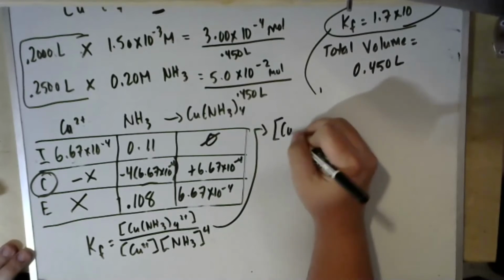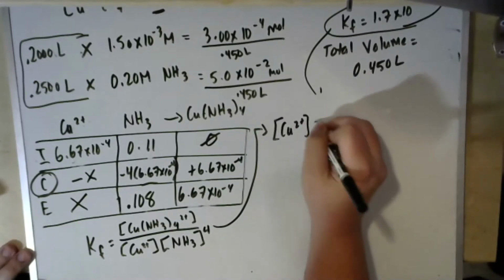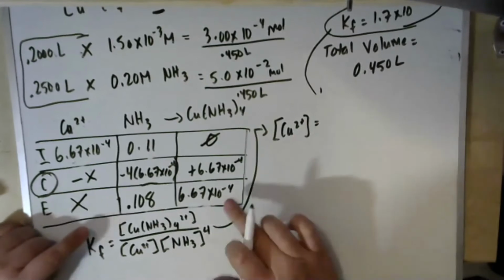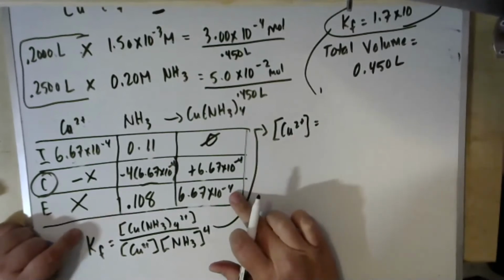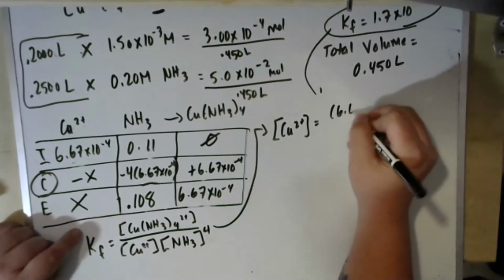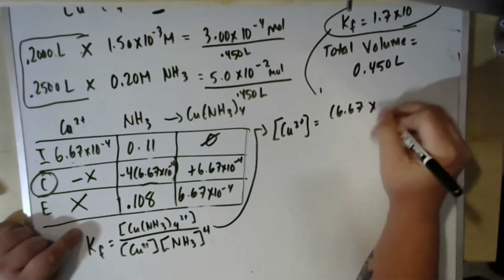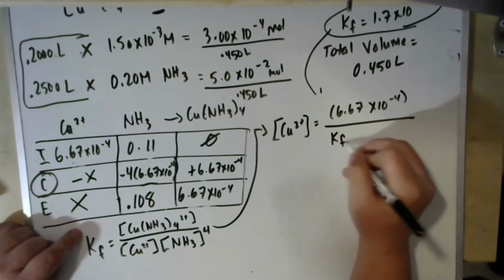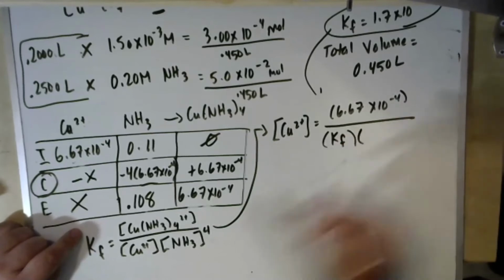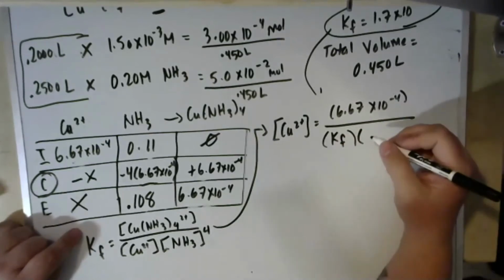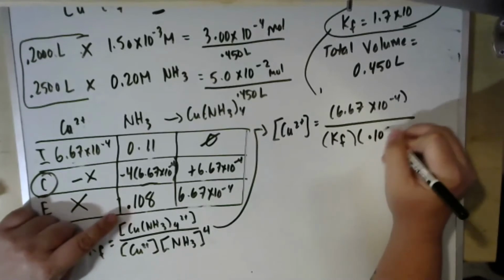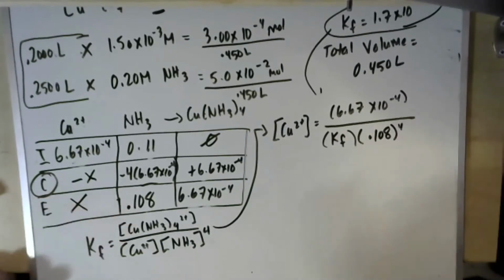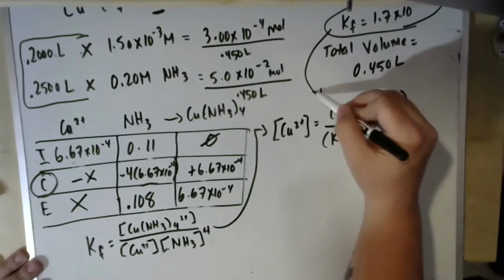Okay, so the concentration of our copper is going to be equal to the concentration of our complex ion, 6.67 times 10 to the negative 4, divided by our Kf value, divided by our concentration of NH3 raised to the 4th. Okay, and that Kf value is right there.